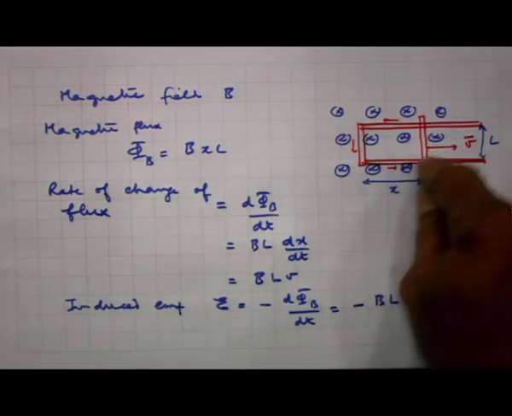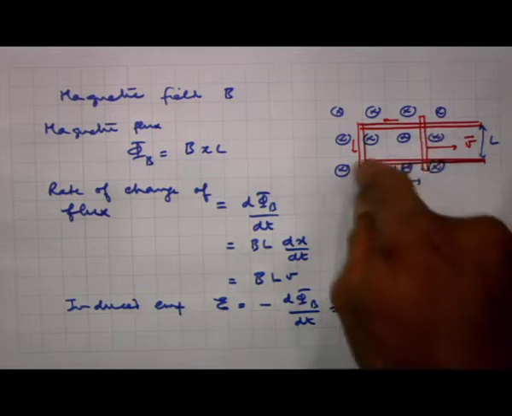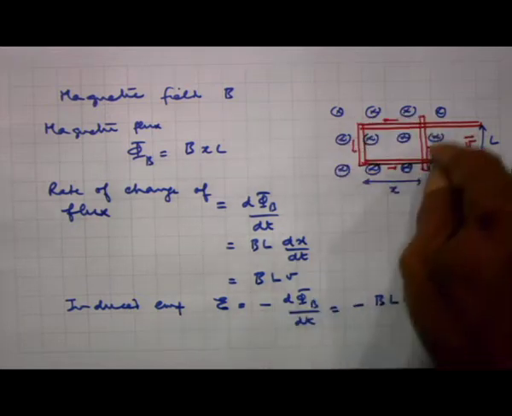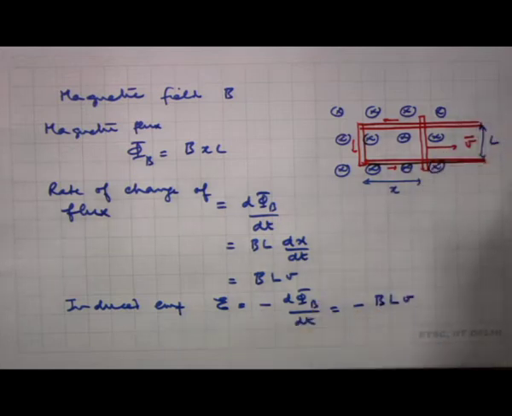So, the induced EMF calculation must be in this direction, and I get a negative value for induced EMF, which constitutes a current in the anti-clockwise direction. And if you recall back in the earlier lecture, we had obtained the same induced EMF using the Lorentz force law. So, these are two representations of the same induced EMF.